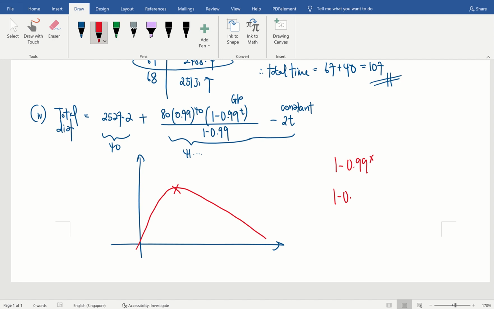Okay, what's your max point? 327.53. There's one distance, which is the x and the y value there.